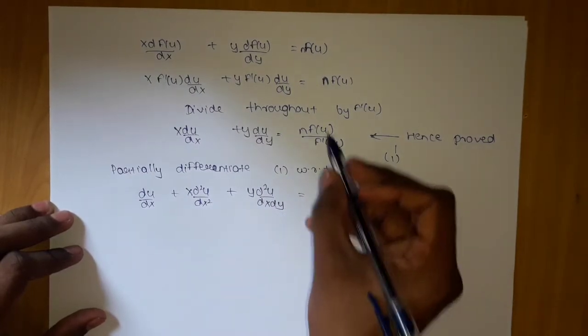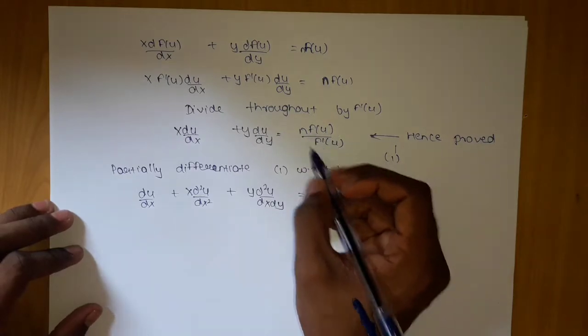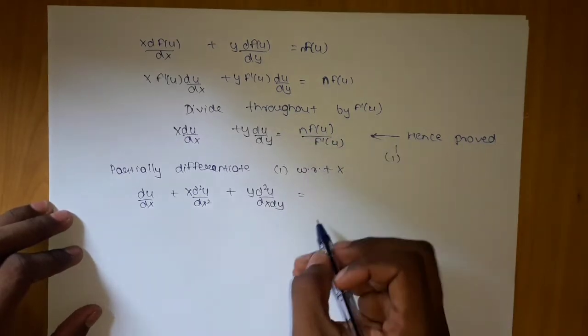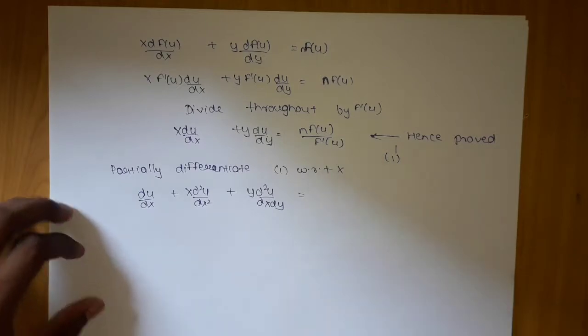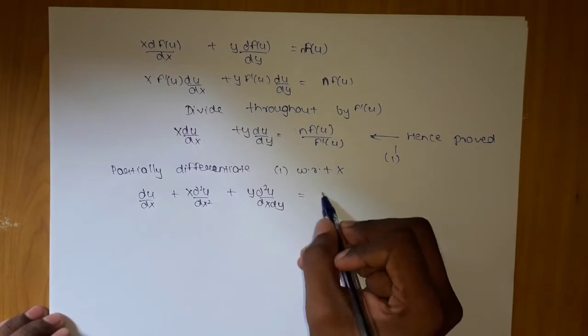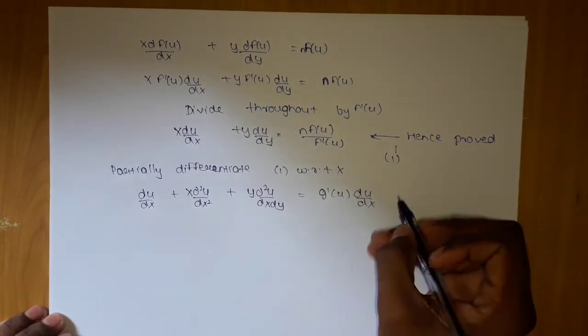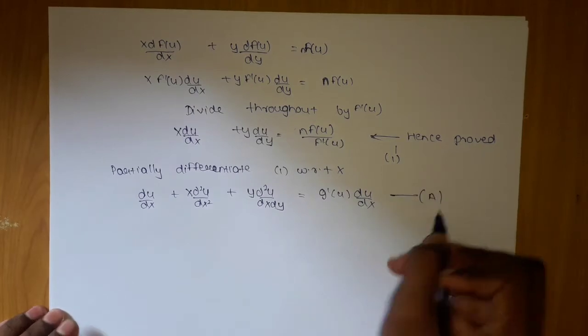And here let's call the right side some function g(u). If I differentiate it, it will be g'(u) ∂u/∂x. So let's call it a.